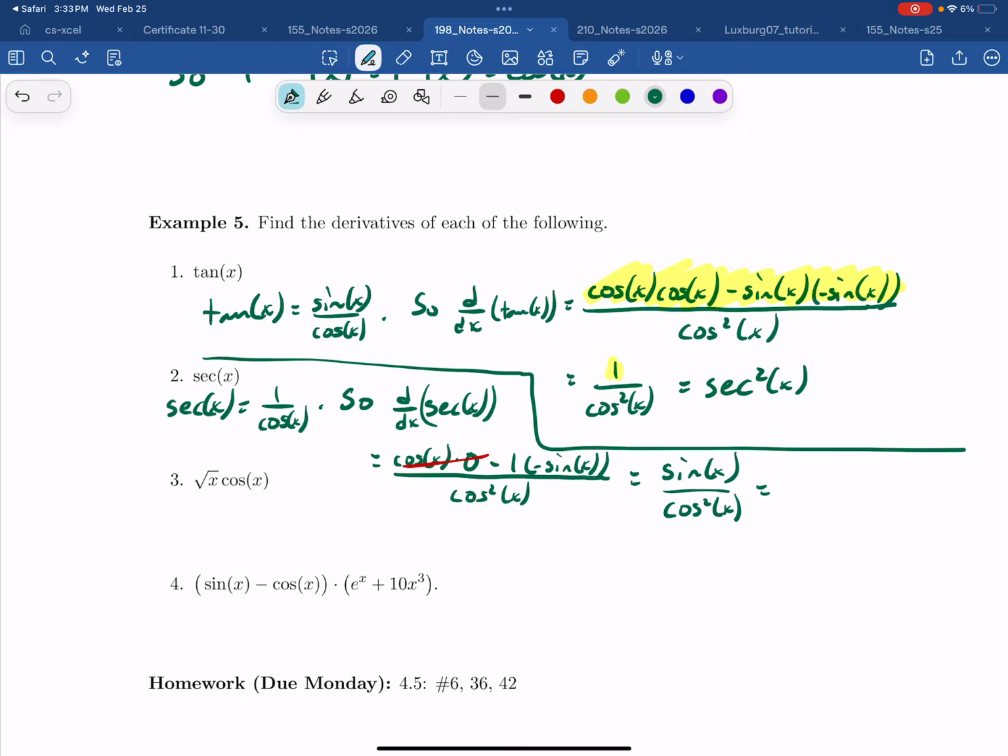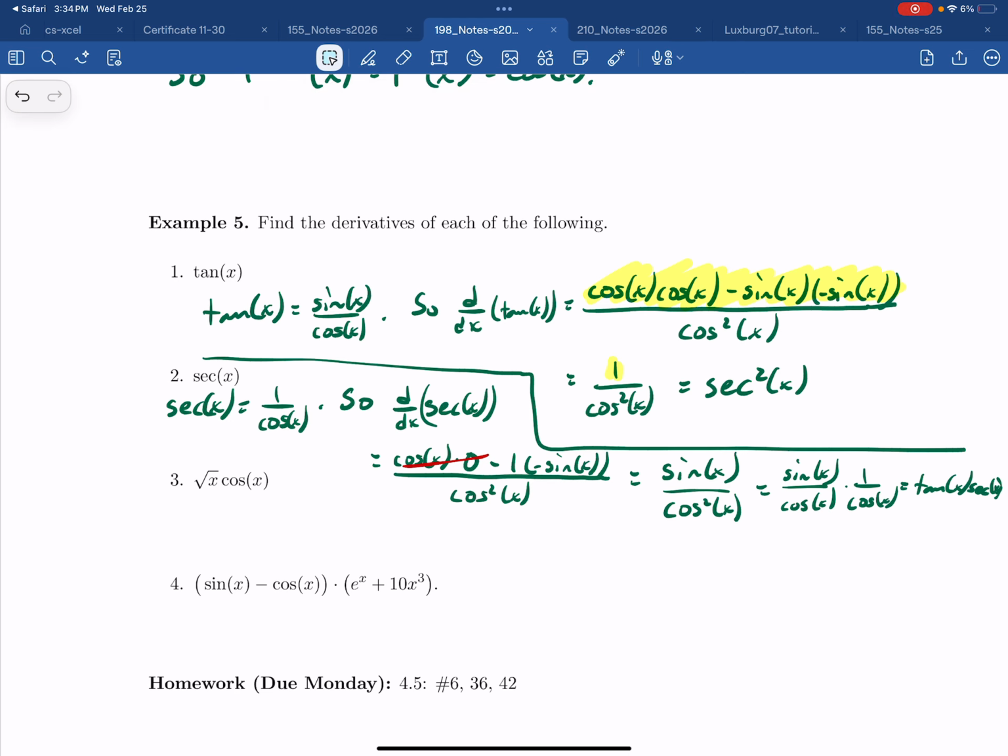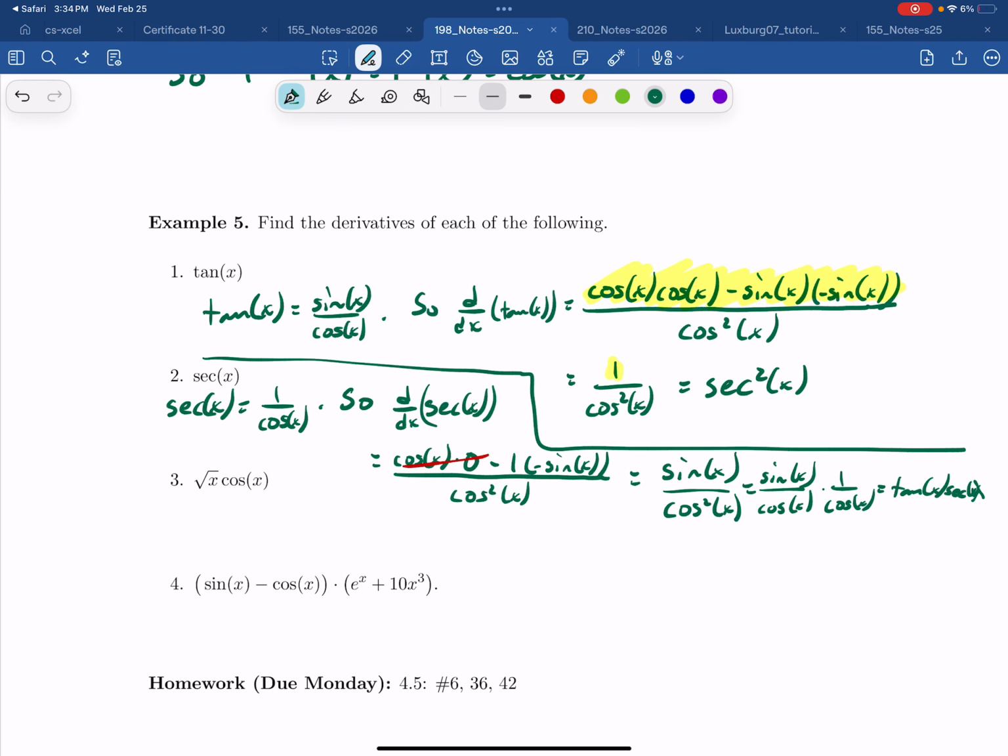This reduces to sine of x over cosine of x times 1 over cosine of x, which is the same as tangent of x secant of x.